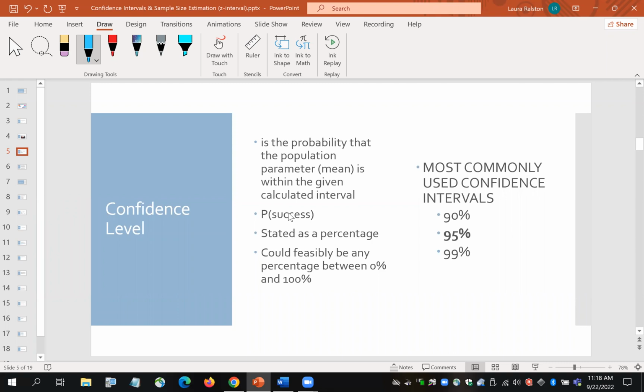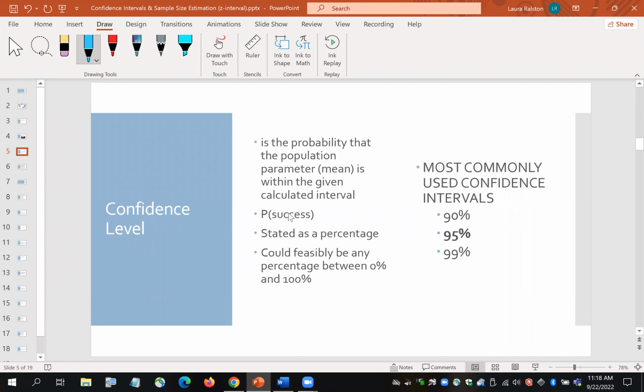I kind of think about it as being the probability of a success that is in the interval, and it is usually stated as a percentage. And it could feasibly be any percentage between 0 and 100%.